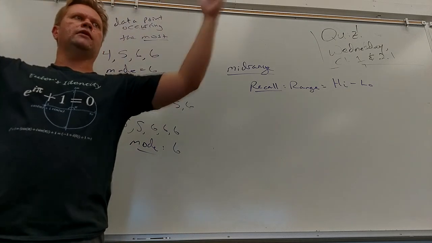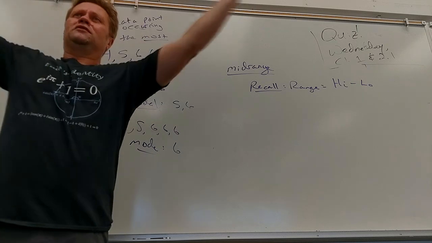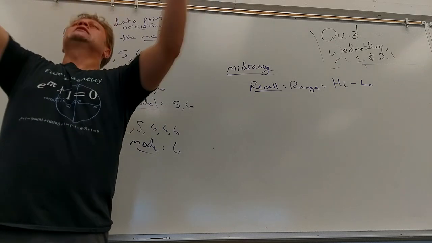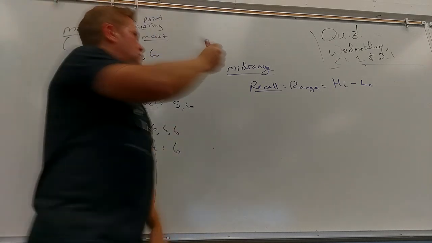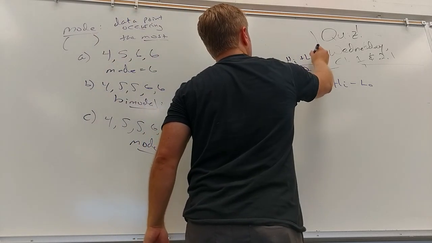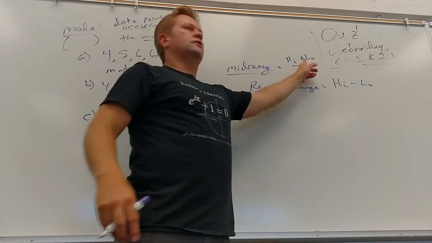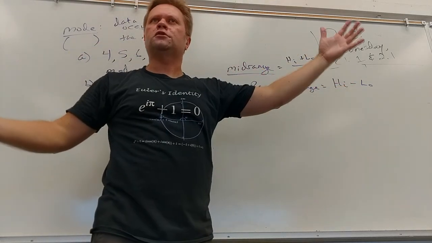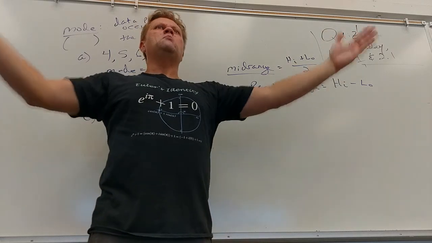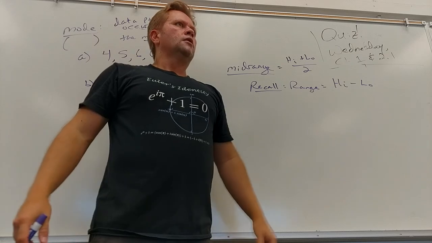So I want to take the high, the low, and how do you find the middle of 2 numbers? Average them. So the mid-range is going to be high plus low divided by 2. That sucks. People get so used to minus, they put a minus here also, but that doesn't make any sense for the average of 2 things. It's got to be the middle of the range. That's the mid-range.